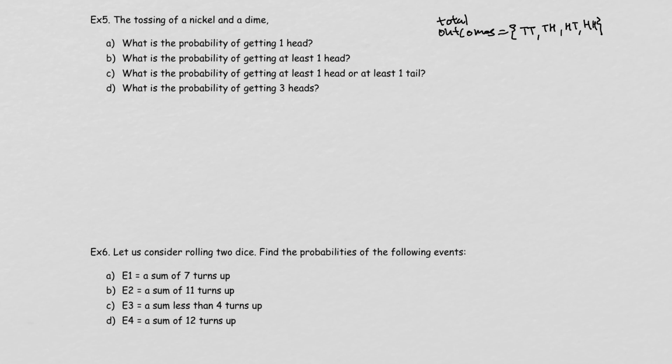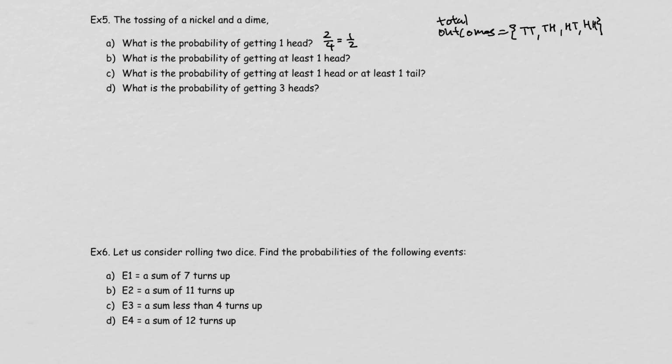With these 4 total outcomes, the first one is asking, what's the probability of getting 1 head? This one had 1 head, this one had 1 head. No head, 2 heads. So it will be 2 out of 4, which is 1/2 or 0.5 probability.